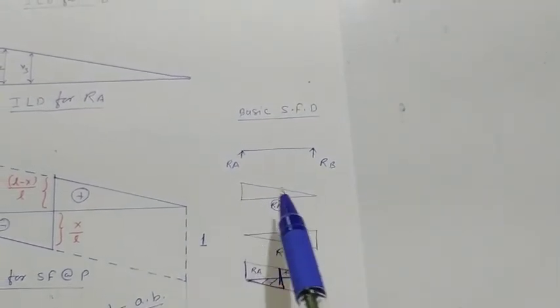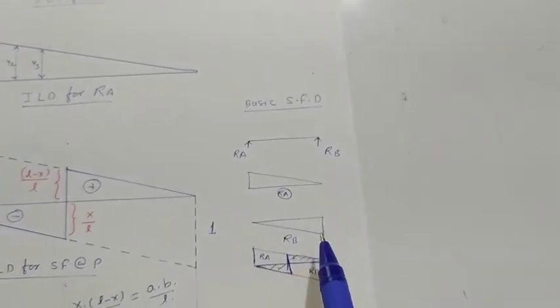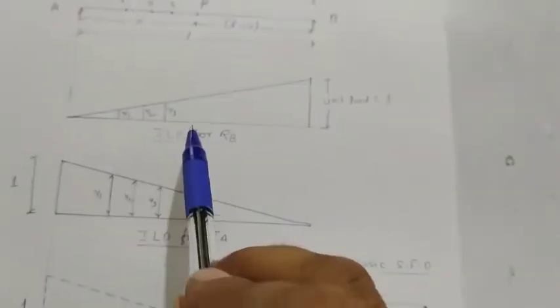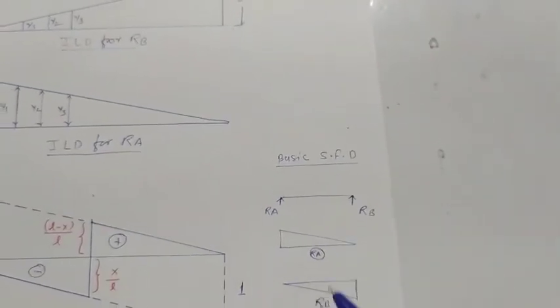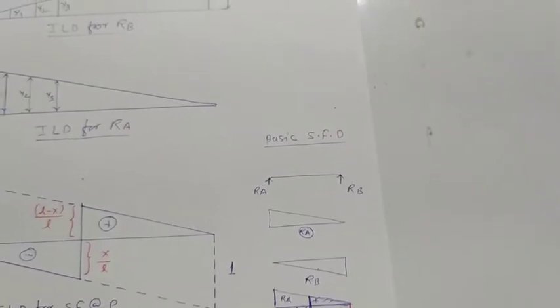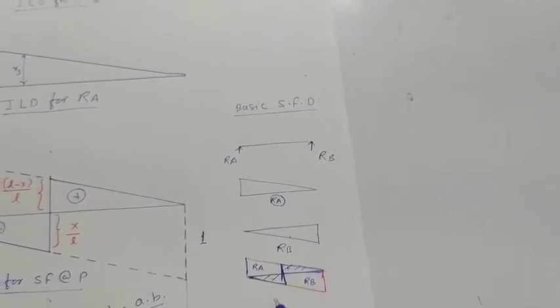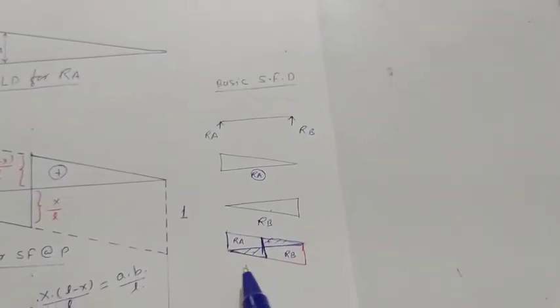So, this is the diagram of Ra, reaction at point A, this is the diagram of Rb, reaction at B. So what is the change between this and this? I just draw the reaction of Rb on the downward side. If I join this diagram and this diagram, it becomes like this, Ra on the upward side and Rb on the downward side. So these are the two diagrams I joined.